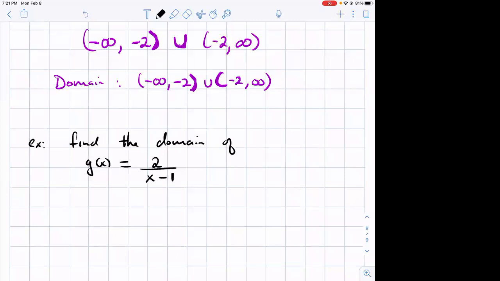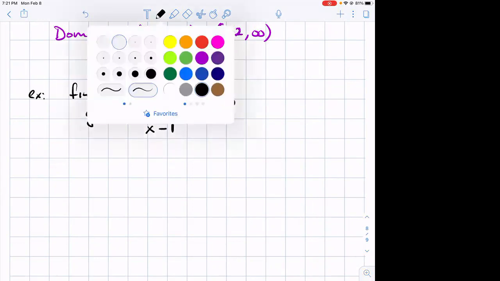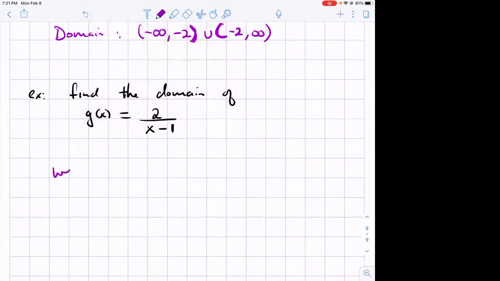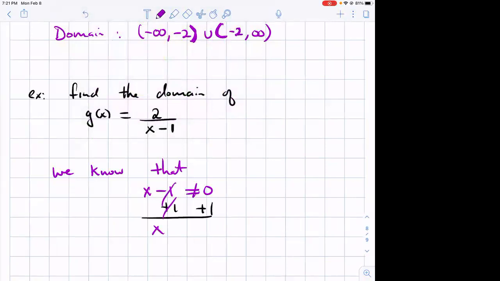So x cannot be 1, right? Well, I want you to get into the habit of at least trying what I'm doing right now, because sometimes you wouldn't really be able to see it. So we know that x minus 1 cannot be equal to 0. And by solving this for x, we see that x cannot be equal to 1.